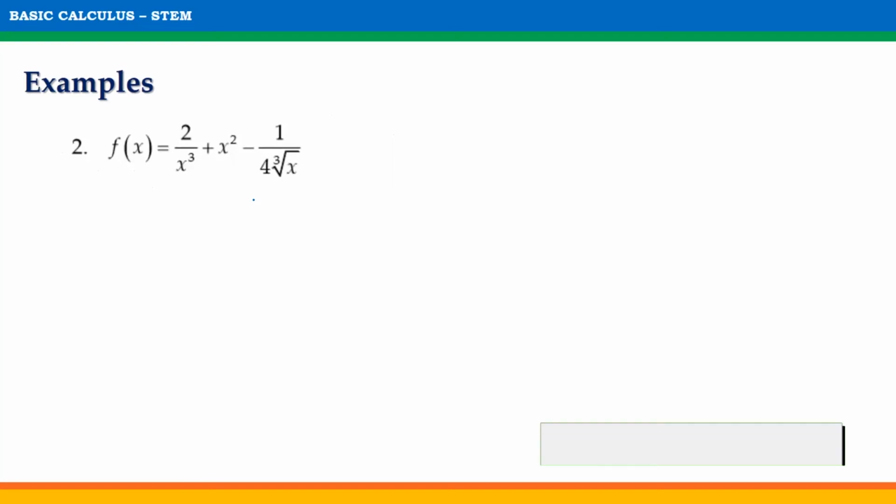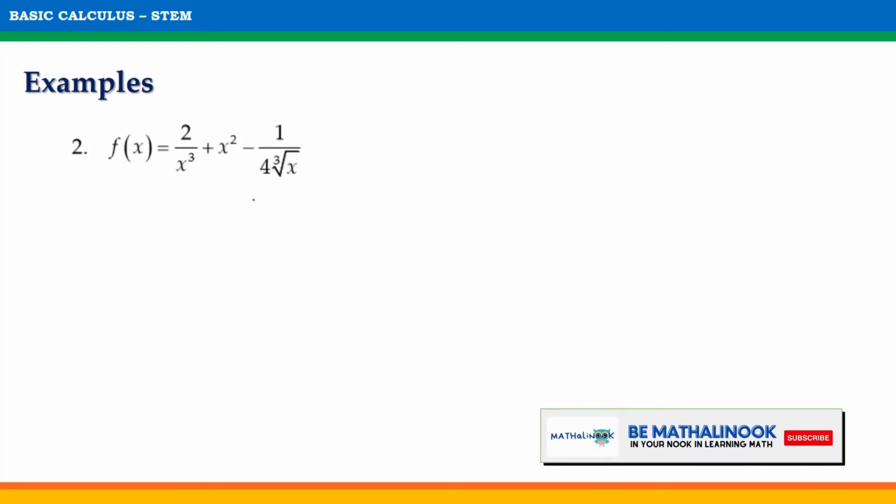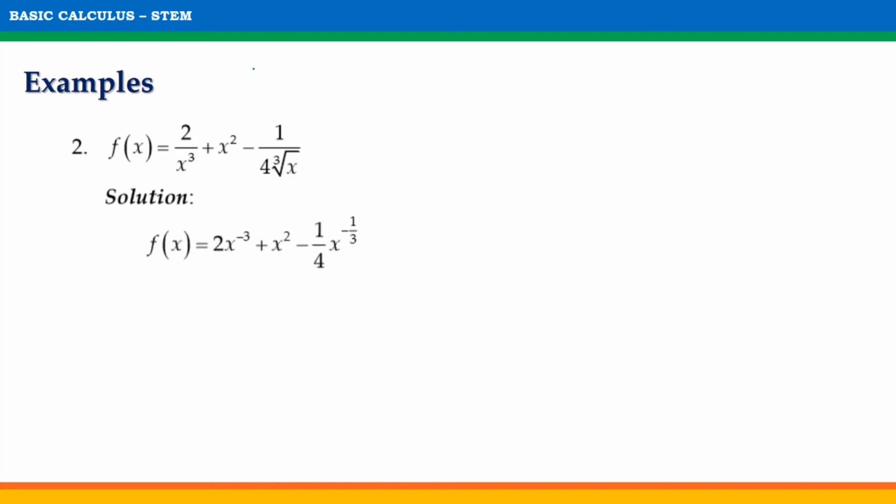Another example, 2 over x cubed plus x squared minus 1 over 4 cube root of x. From here, what we need to do first is bring x cubed and cube root of x to the numerator, and with that, their exponents will become negative. Therefore, the function will become 2x raised to negative 3 plus x squared minus 1/4 x raised to negative 1/3.